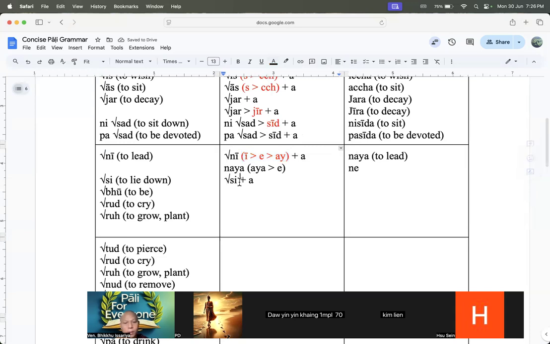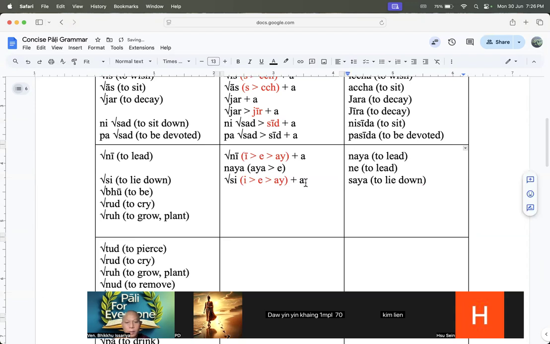Here also such a change can be understood, but here just e. And then saya, to lie down.